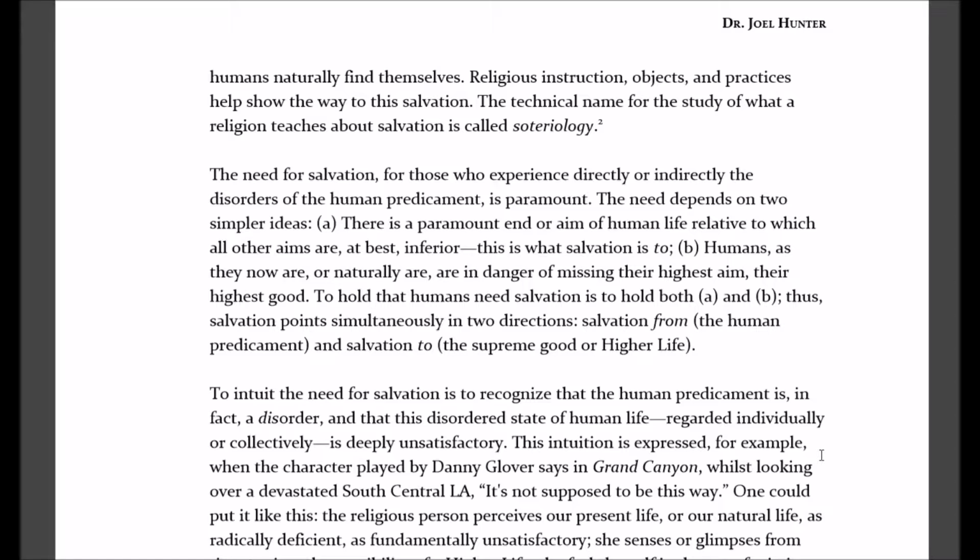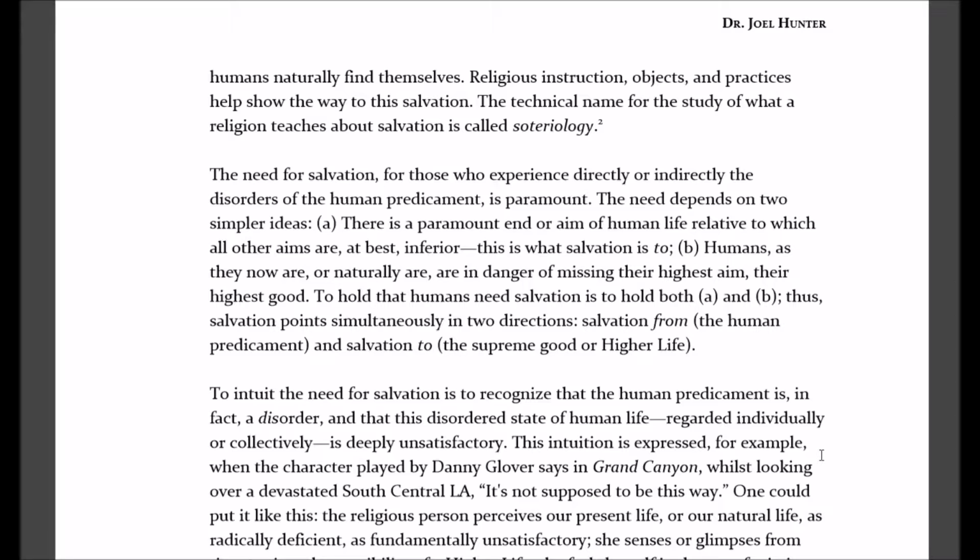Maybe we can't escape from the human predicament, but we can mitigate the effects of it and experience a higher kind of life. So that goal would be the highest thing that we could aim for, and any other subsidiary aims that we have in life would be inferior to that. Not that they don't have value, but that their value is always going to be relative to that highest aim.